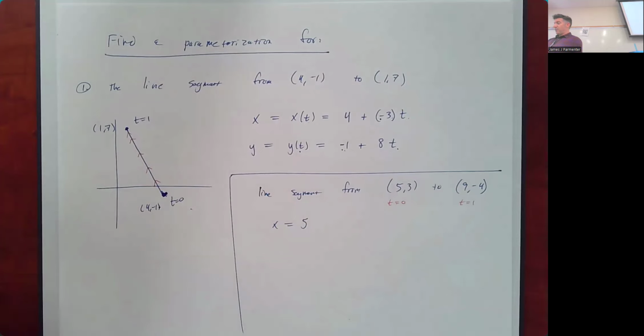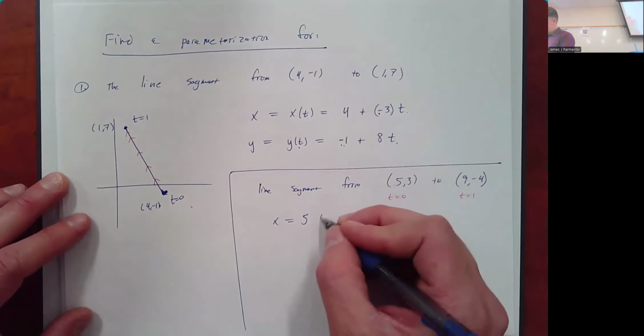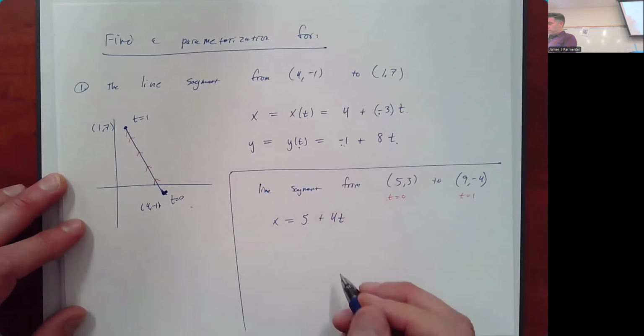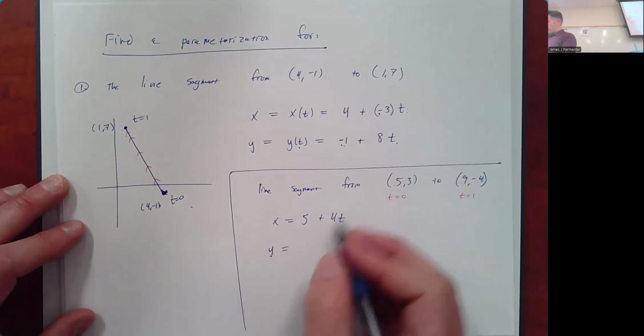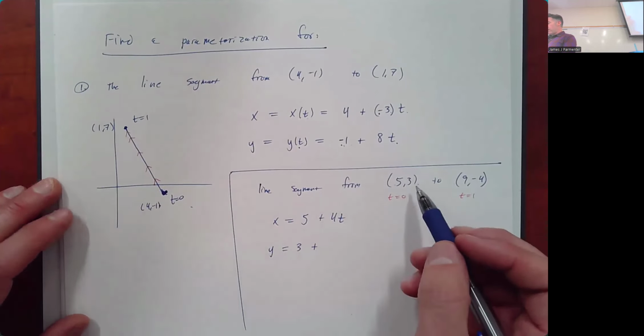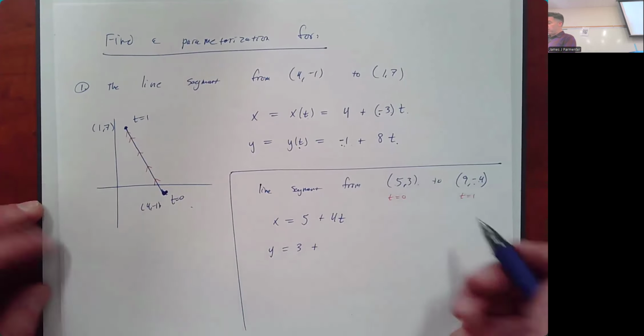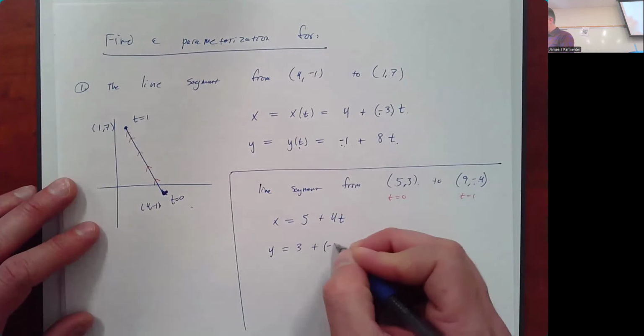And then we're going to add on the difference. So the difference between 5 and 9 is positive 4 times t. And similarly, y should be the initial value of y, which is 3. And then we're going to add on the difference to get from positive 3 to negative 4, we subtract 7. So it's going to be plus a negative 7 times t.